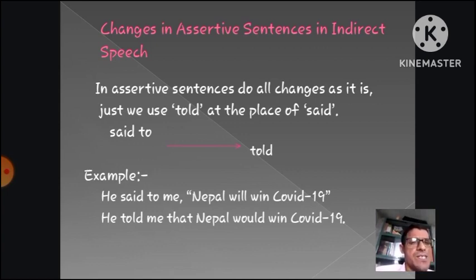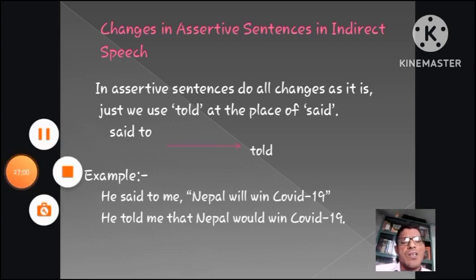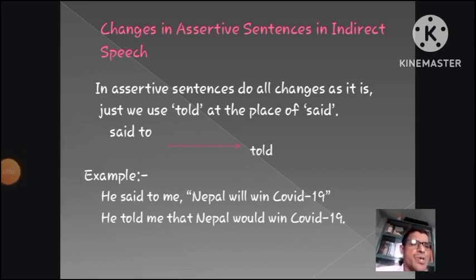If the sentence is affirmative, then you should change the given statement into affirmative form. If the sentence is in negative form, then you should change it into negative form, dear student. And I hope that you can do it yourself, because you have studied about this thing.